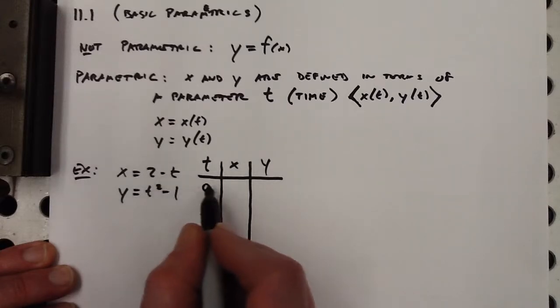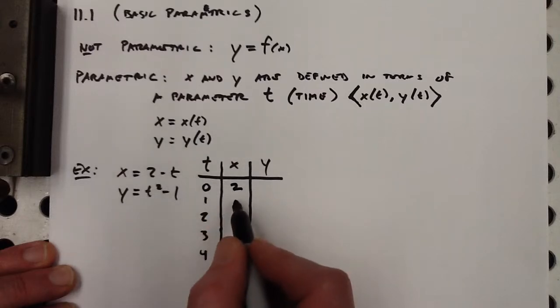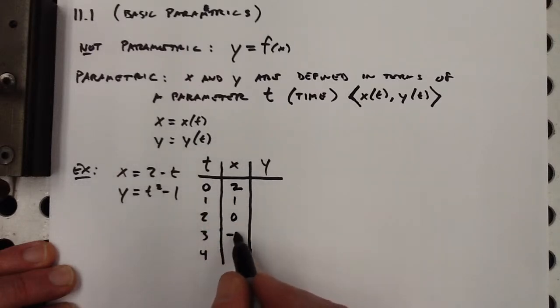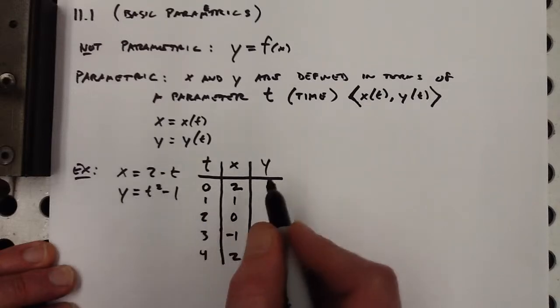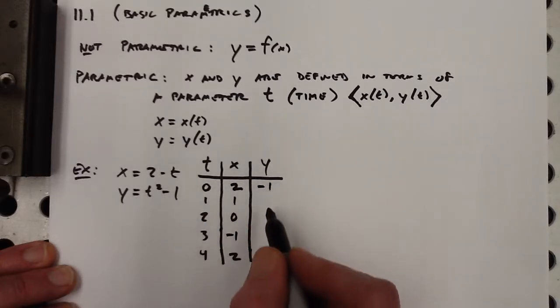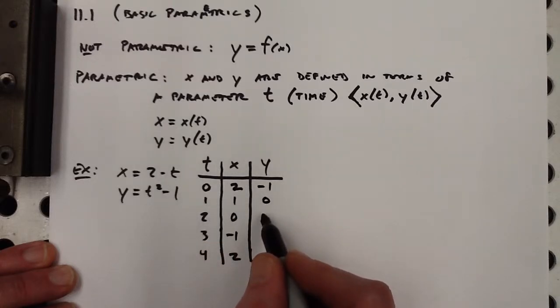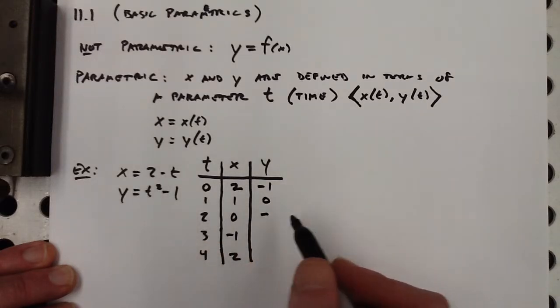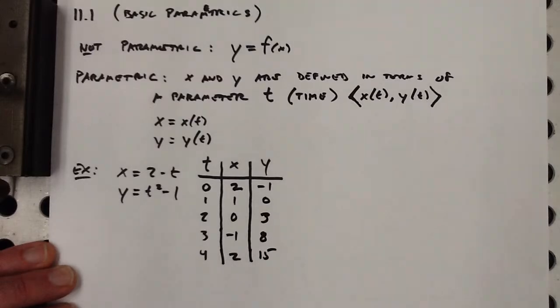So 2 minus whatever the t value is. And here, square the t value, subtract 1. So there's our little table.